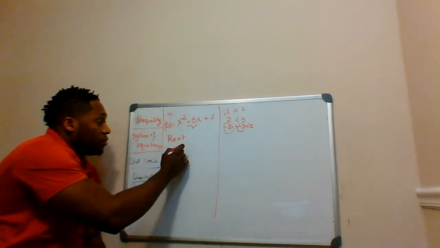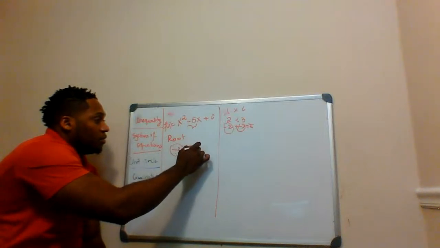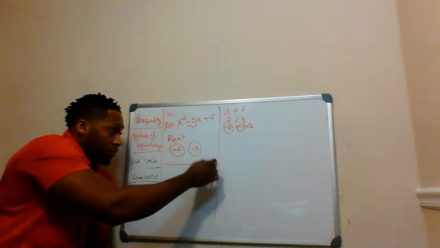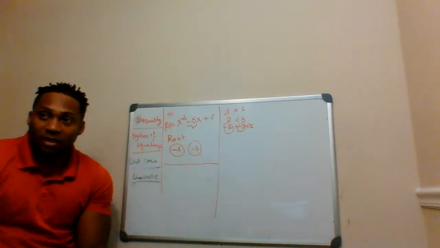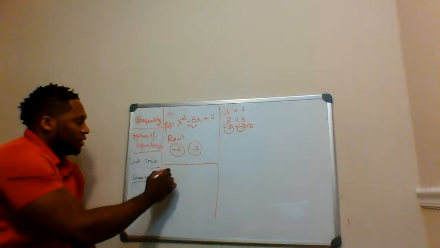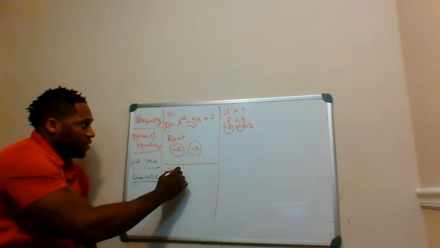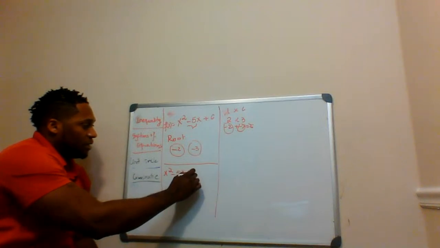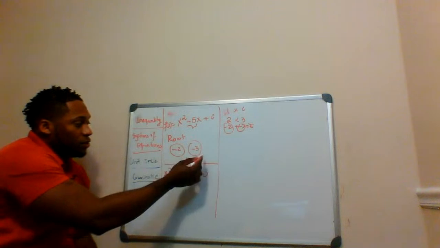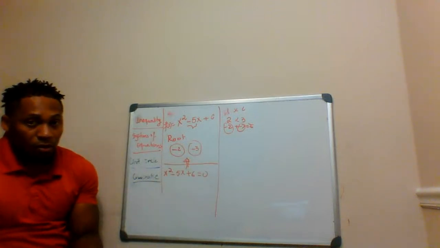Okay, so now we have the roots. So let's say we wanted to graph this. If I solve x squared minus 5x plus 6 equal to 0, I'm going to get x is equal to -2, x is equal to -3.